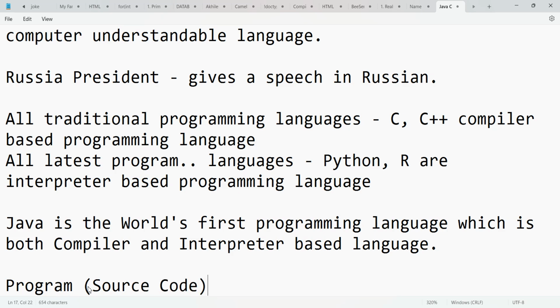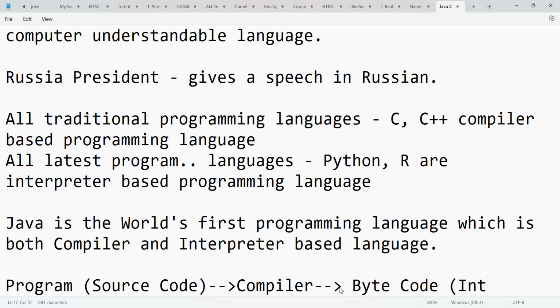When you run this, the compiler will take it and translate it into bytecode.